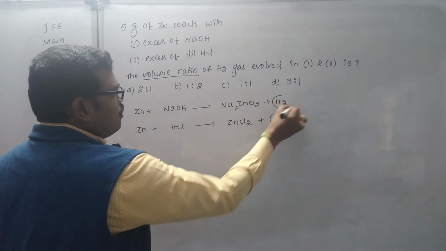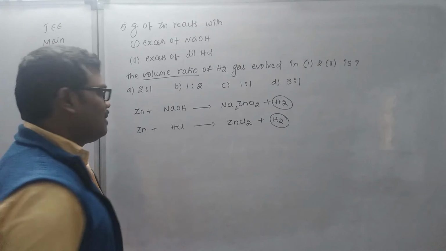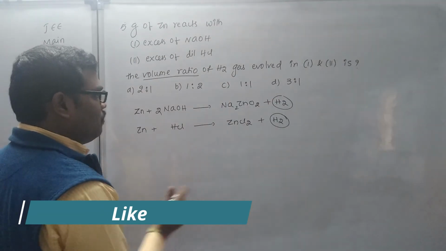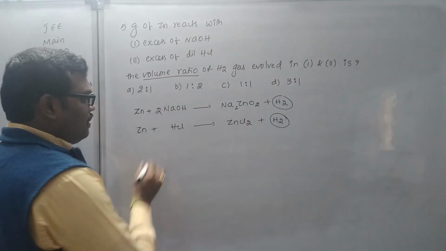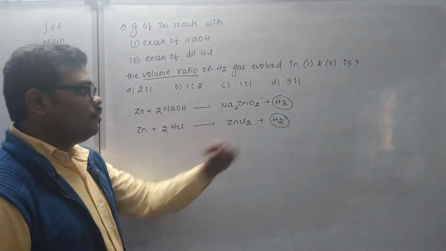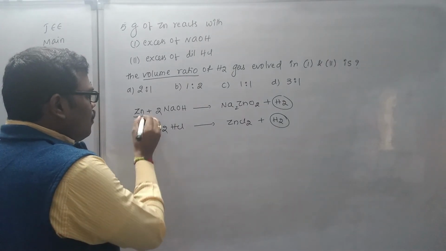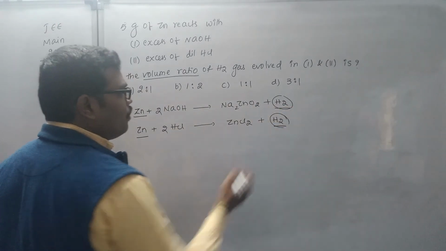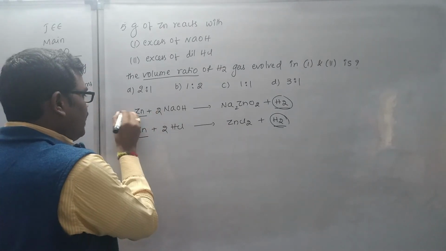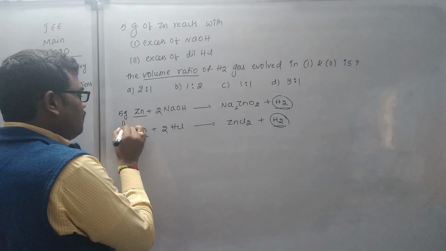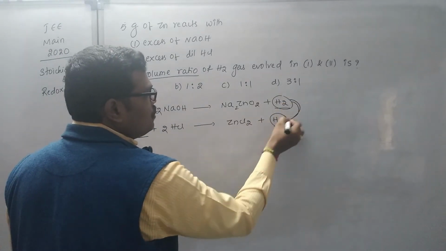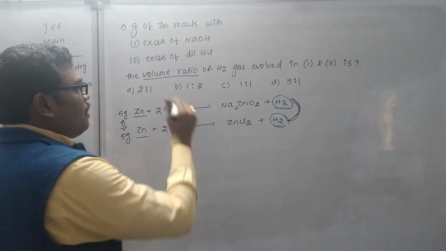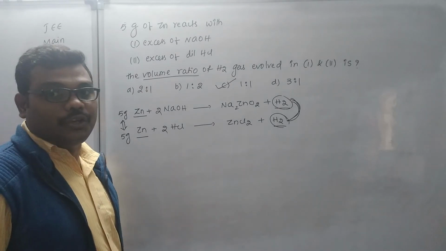For the volume ratio of H2, we need to balance this. 1 mole of zinc reacts with 2 moles of sodium hydroxide to give 1 mole of hydrogen. 1 mole of zinc reacts with 2 moles of HCl to give 1 mole of hydrogen. Here 5 grams, here 5 grams. Amount of zinc is the same, so volume of H2 liberated is also the same. So the volume of gas evolved is in 1:1 ratio.